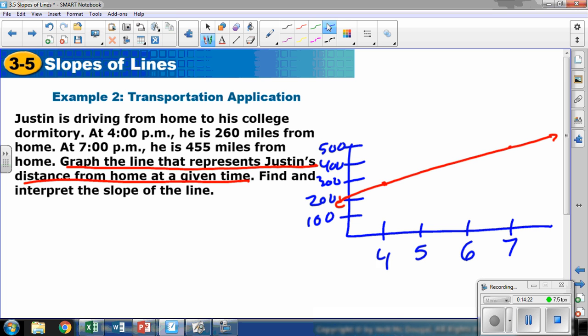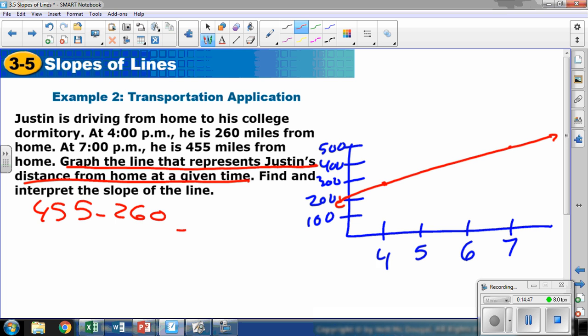Now what's the slope? Well, of course, this is a problem where it doesn't really make sense to try to count rise over run. It was a quick sketch, it's not a perfect one. Instead, let's get our slope. The rise would be 455, subtract 260.